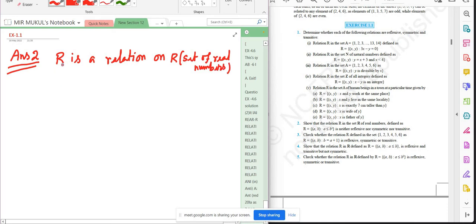This R is the relation and this R is the set of real numbers, and R is defined as (a, b) such that a is less than or equal to b square. Now we are checking reflexive or not.